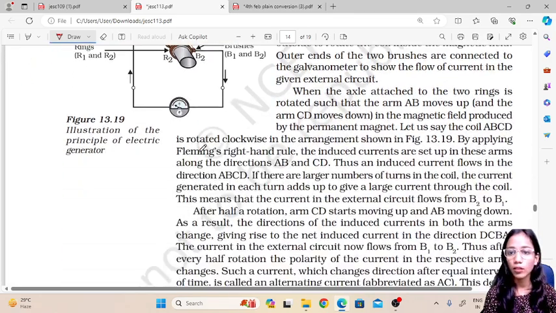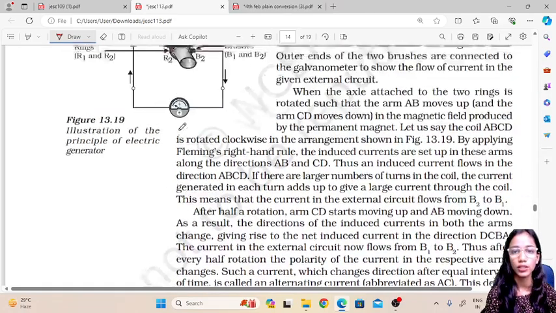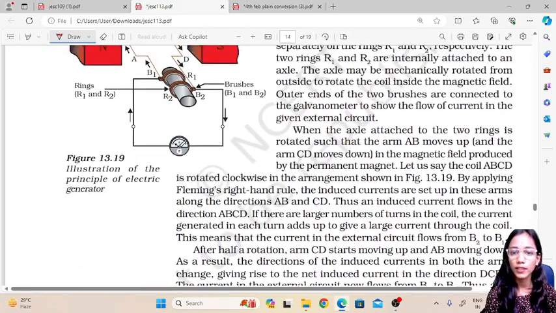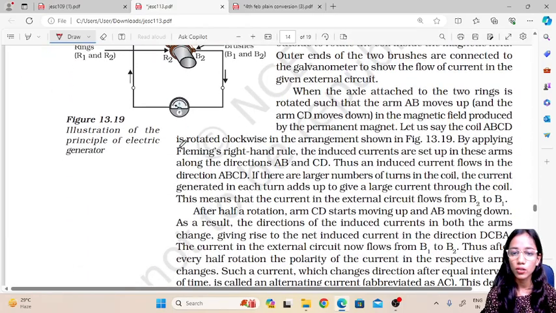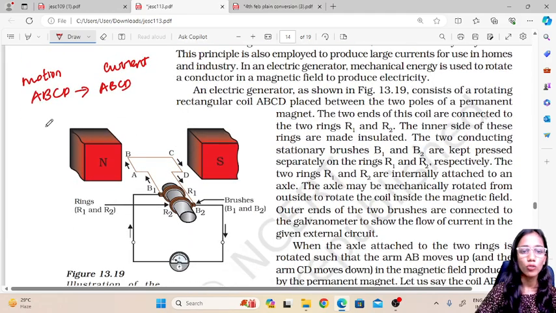Now after a half rotation, the arm CD starts moving up and AB starts moving down. Now the motion of the coil is towards D, C, B, A, that is the anti-clockwise direction.